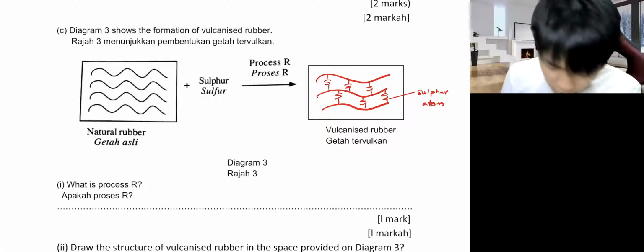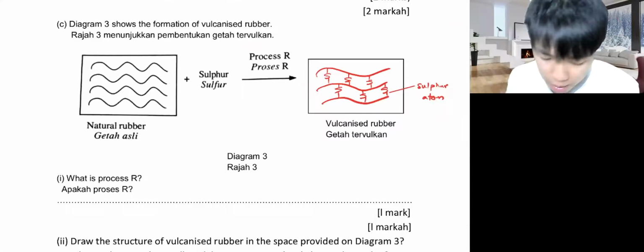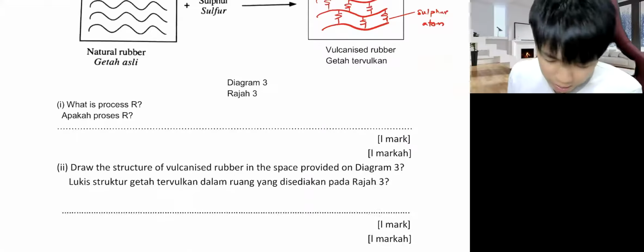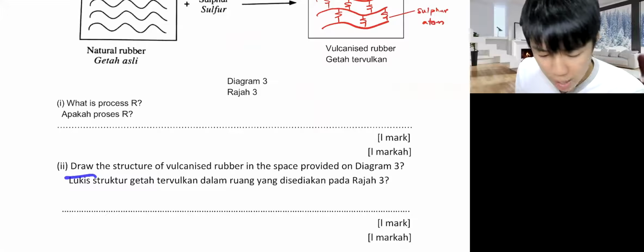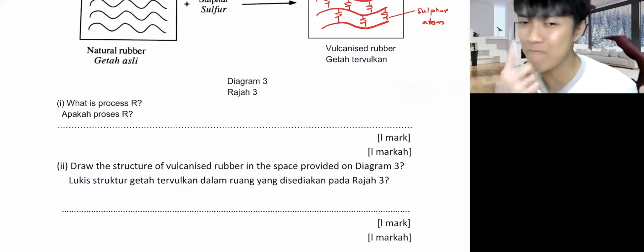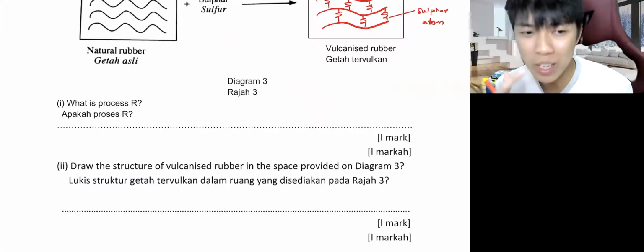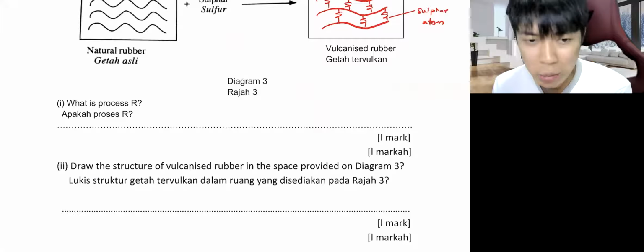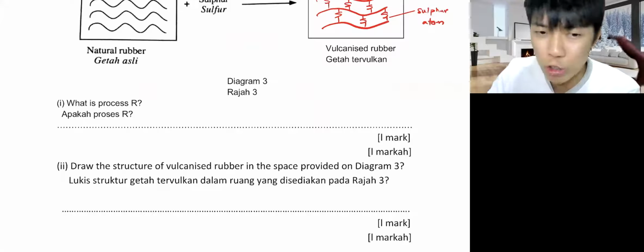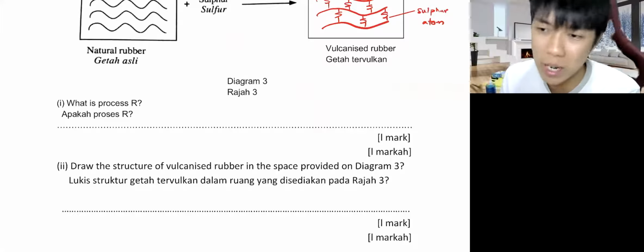Okay, sorry, I missed out something. Exam need to label also. Now another thing, Nicholas. The question didn't say draw and label, right? It might sound like, I think I can just draw. Well, I would suggest in exam, all drawings must come with labeling.